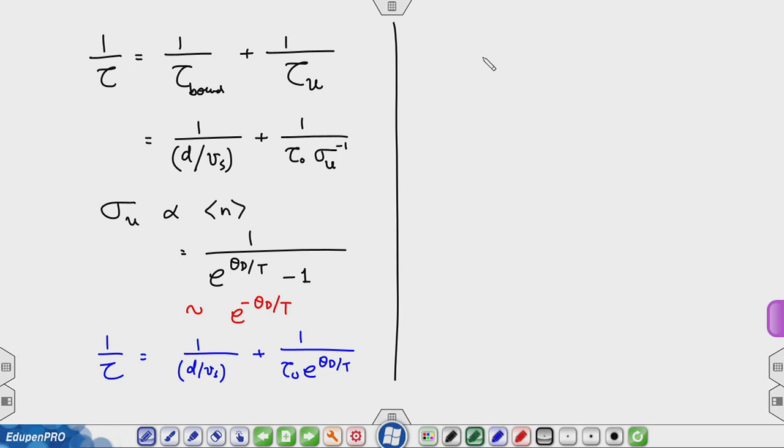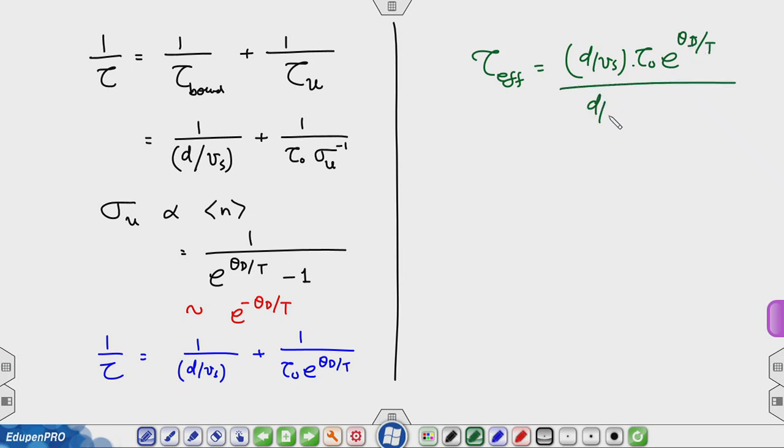Tau effective, net tau is going to be therefore d over V s times tau 0 e raised to theta d divided by t, divided by d over V s plus tau 0 e raised to theta d divided by t.